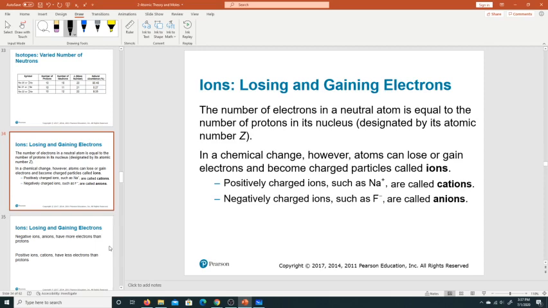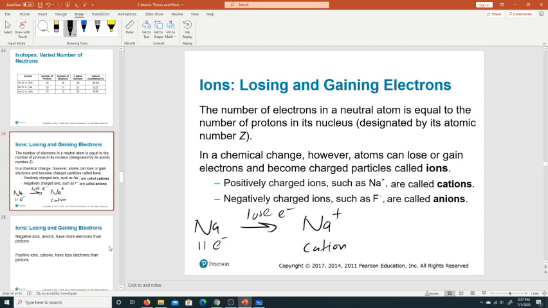So basically, all elements on the periodic table are neutral. If an atom happens to lose electrons, for example, if sodium, with its 11 electrons, were to lose an electron, we're going to end up with Na positive. That's called the sodium cation.